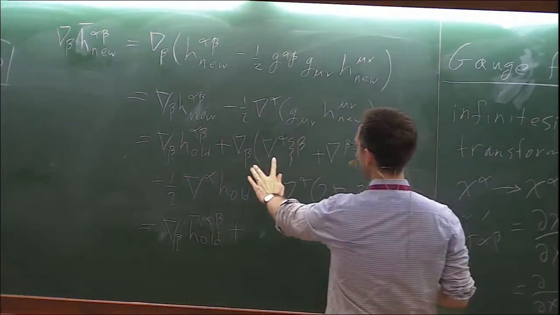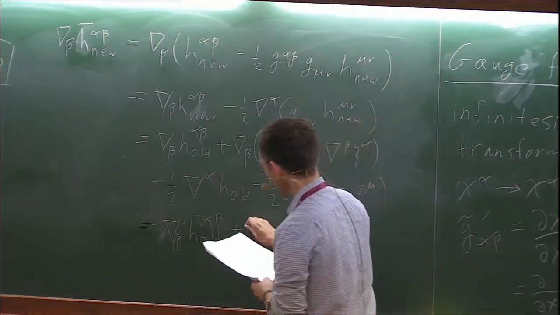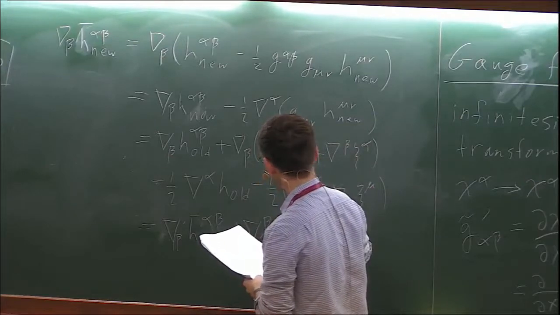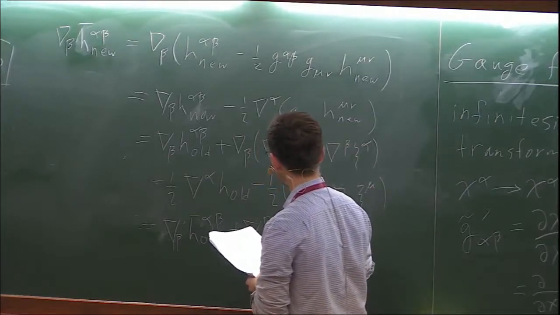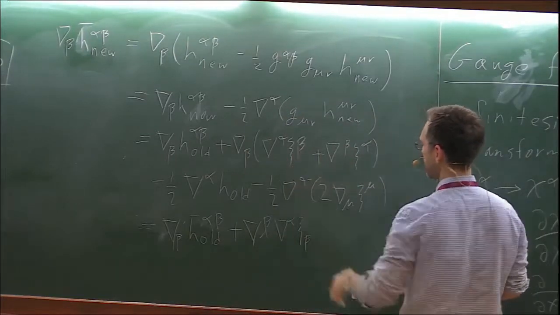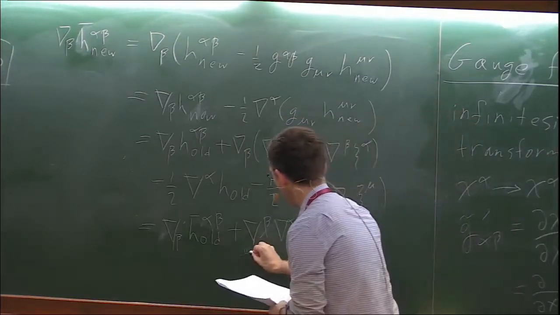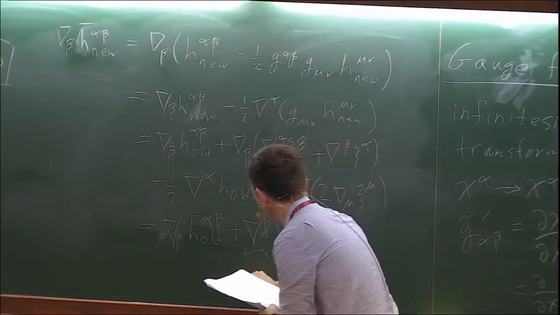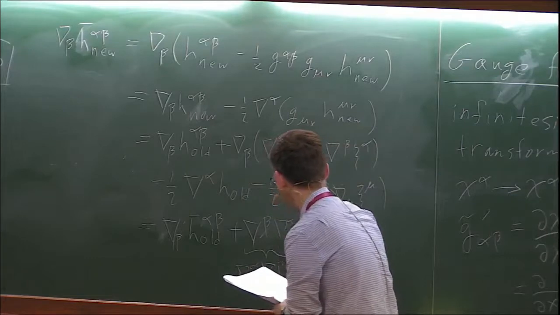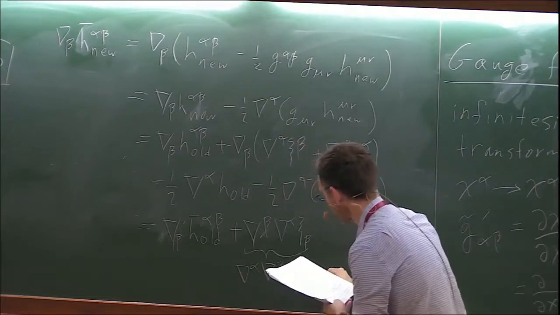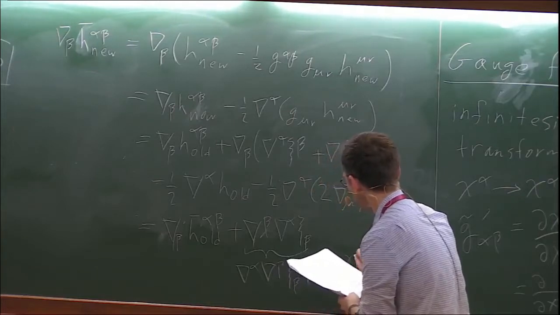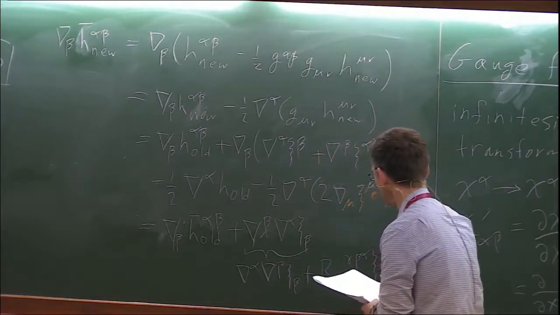Now this term here, I'm going to use the Ricci identity again. So we have grad beta, grad alpha, xi beta. So I'm just moving this index up, this index down. And that is grad alpha, grad beta, acting on xi beta, plus R beta gamma beta alpha xi beta.